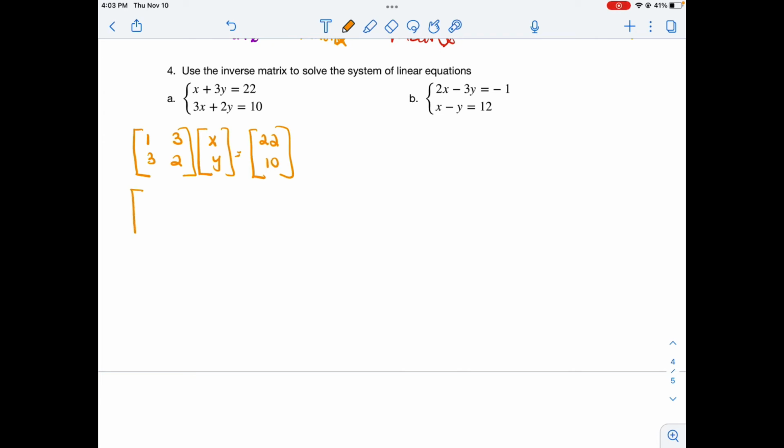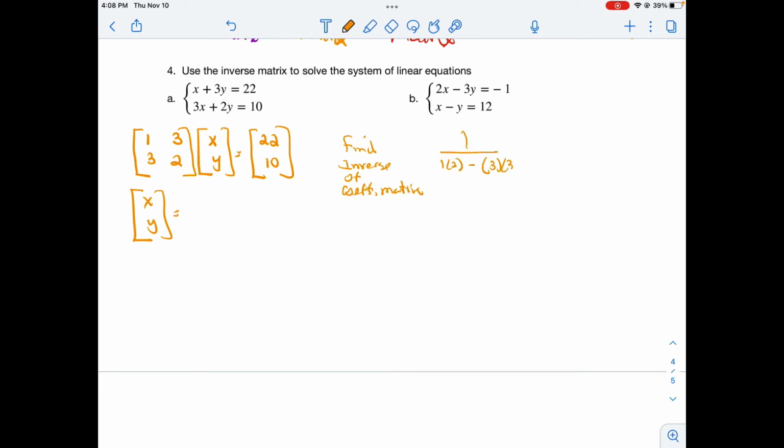And then by definition, our variable matrix is equal to the inverse of our coefficient matrix. So off to the side here, I'm going to figure out what the inverse of my coefficient matrix is. Since this is a 2 by 2, to find its inverse, I'm going to take 1 over the product of the diagonal down minus the product of the diagonal up.